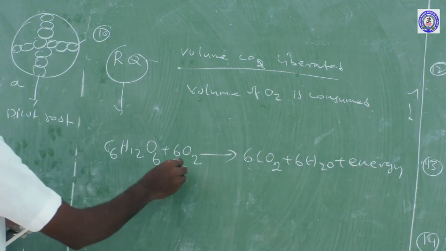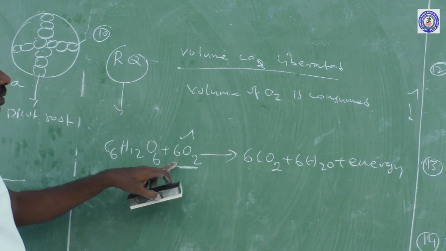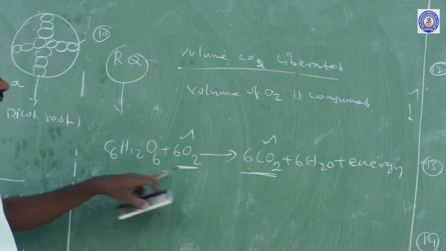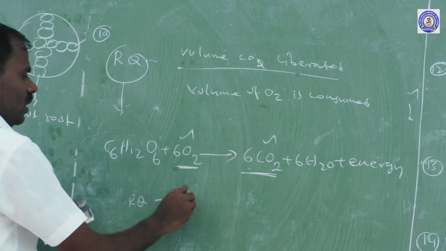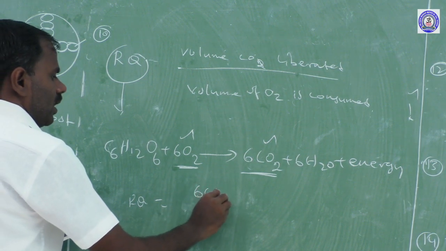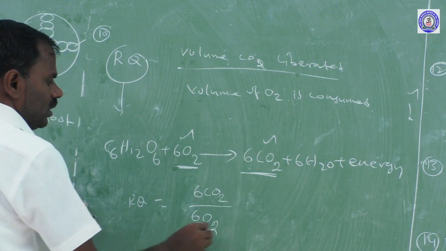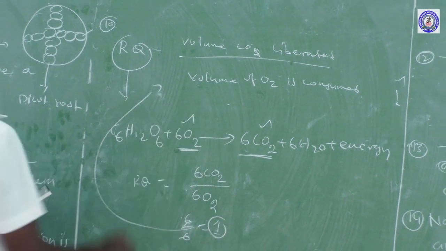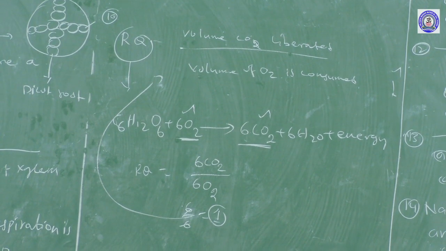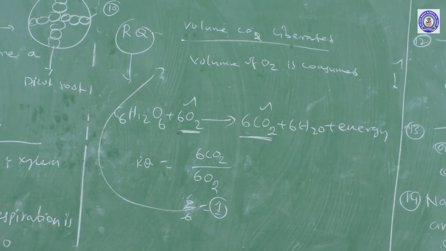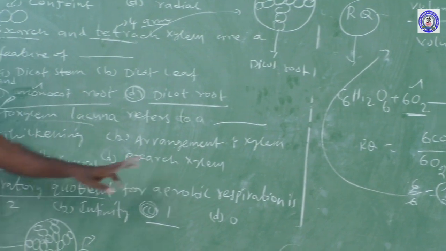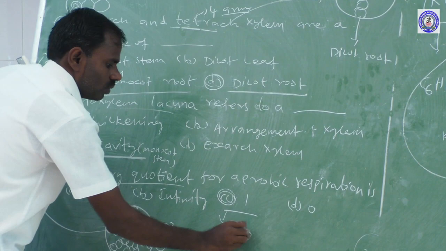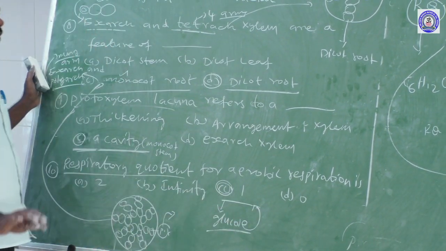The RQ is the ratio of carbon dioxide liberated to oxygen consumed, 6 moles of carbon dioxide divided by 6 moles of oxygen, 6 by 6. The respiration quotient of glucose is 1. This is aerobic respiration, and for glucose the respiration quotient is 1.